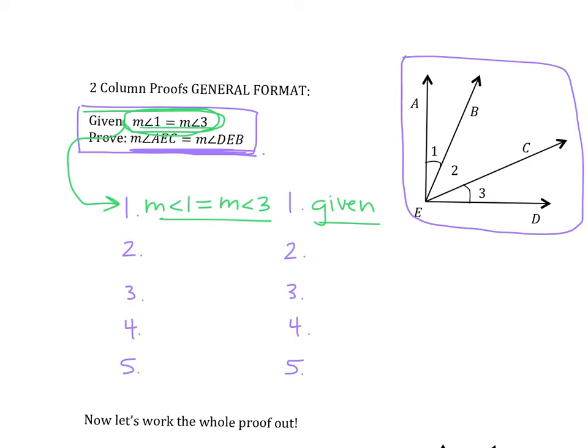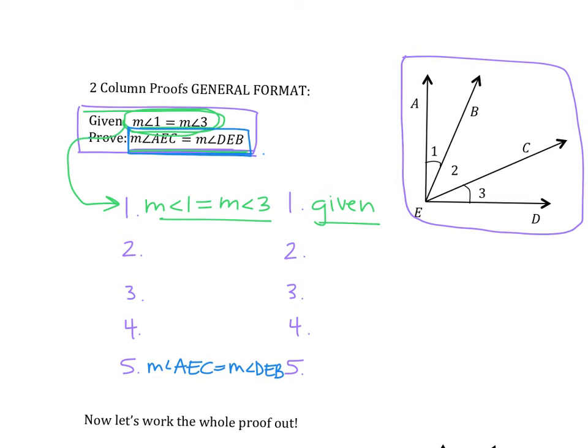Your last step will always be what they asked you to prove. So your prove portion here was this, the measure of angle AEC equals the measure of angle DEB.